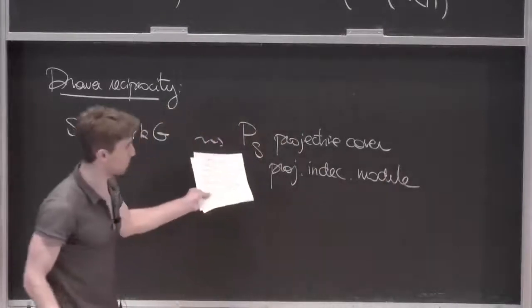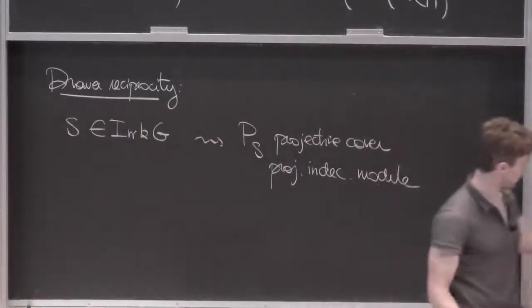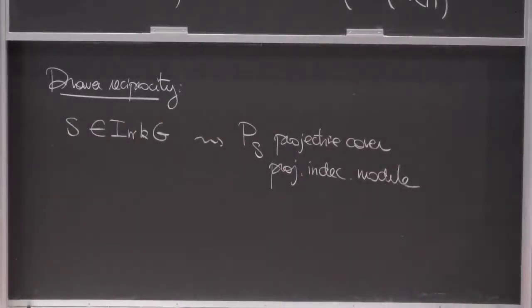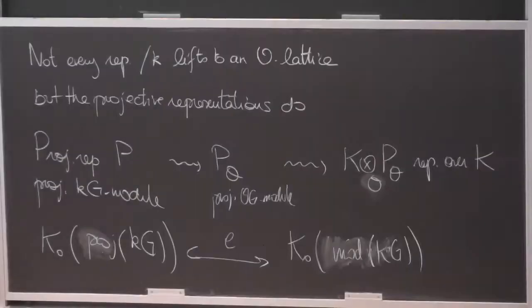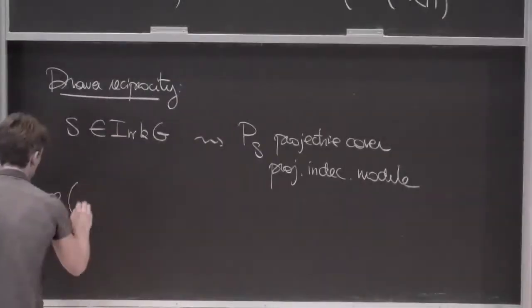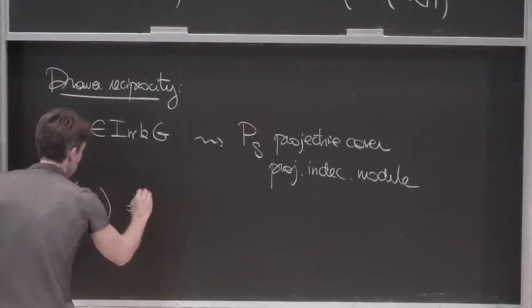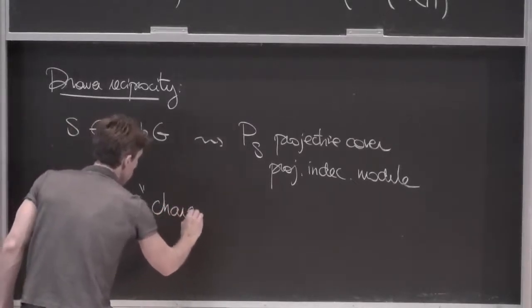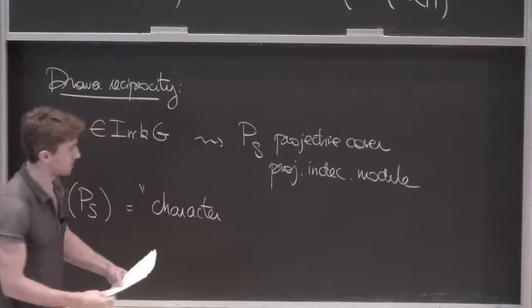And since you have something projective, you can look at the image of this map, which I will call the character of P_S. You can look at E of P_S. So whenever I talk about the character of a projective module, I really mean via this inclusion.